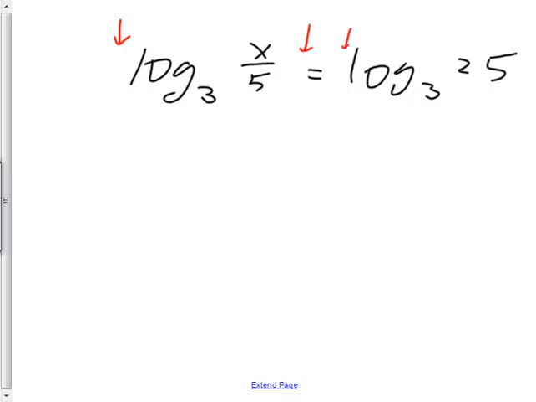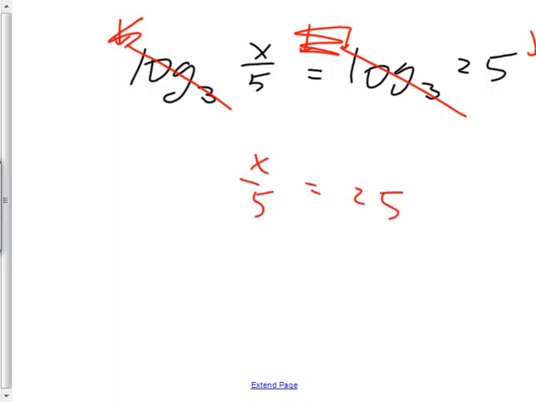There's nothing in front of it, there's nothing after it, then this can just cancel this. And my answer is x over 5 equals 25. Okay, and then I multiply by 5 on both sides, x equals 125. Any questions about that one? All right, next one.